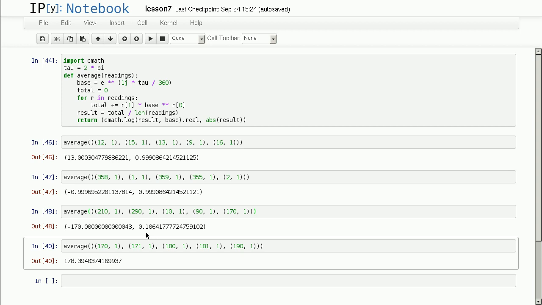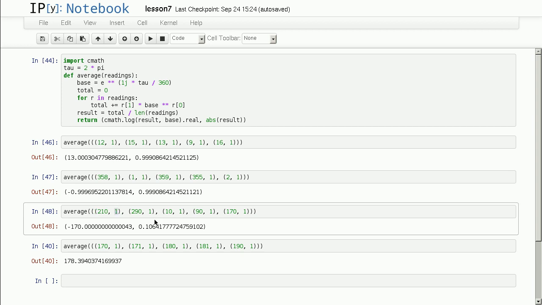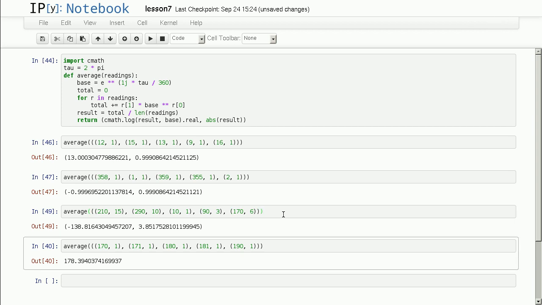Now, maybe it was a really gusty day. Maybe this was 3 miles or maybe 15 miles per hour that direction, and 10 miles per hour this direction, and 1 mile per hour in that direction, and maybe 3 miles per hour in that direction, and 6 miles per hour in that direction. Now in this case, we end up with a different result vector that is -138 degrees.